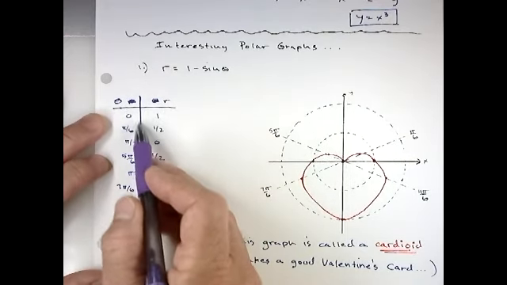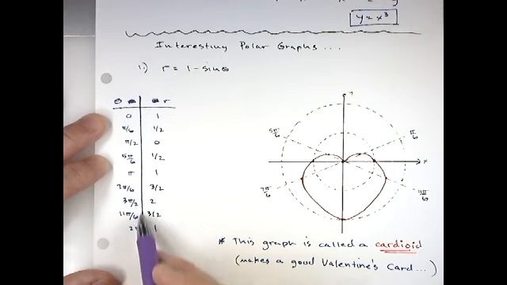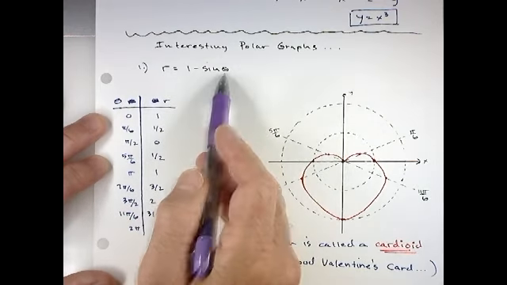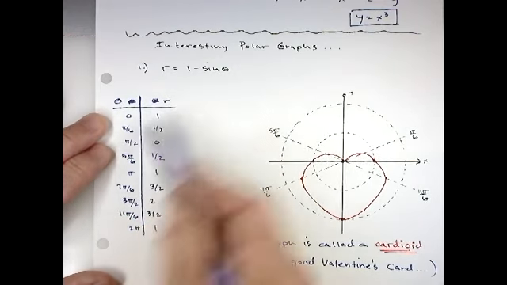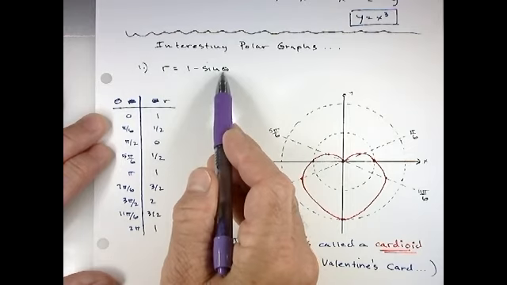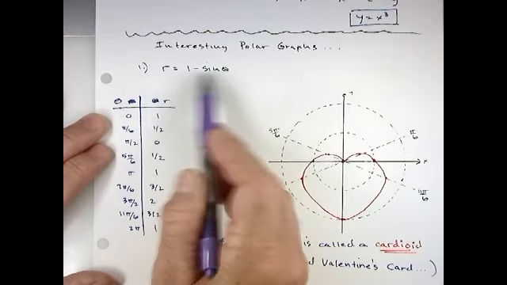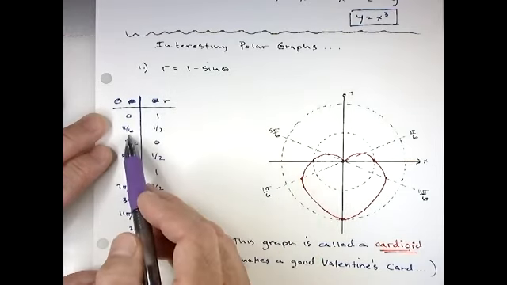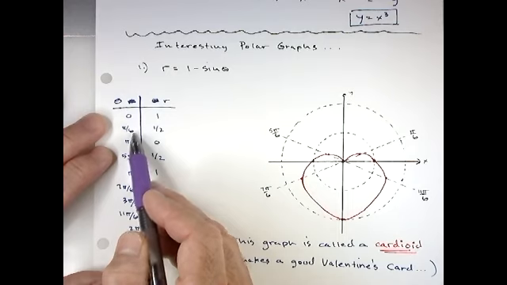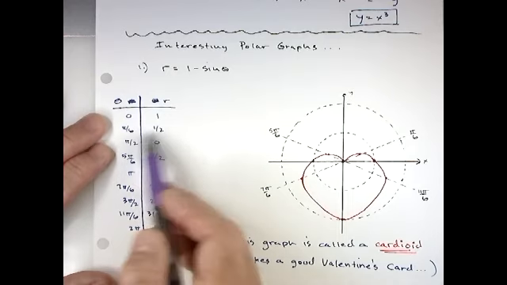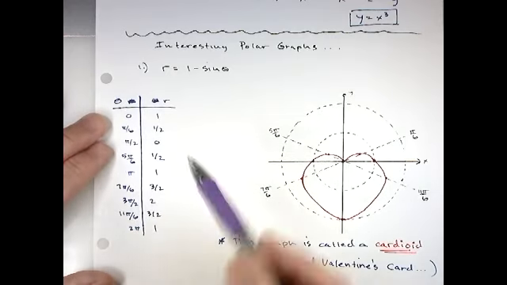So what I did was I picked some common angles that I can plug in and evaluate the sine of. In fact, I chose pi over 6 because the sine of pi over 6 is 1/2. And I get a nicer r value, 1 minus a half. The more points you choose, the better. So I could have chosen pi over 4 and pi over 3. I would just have messier r values.